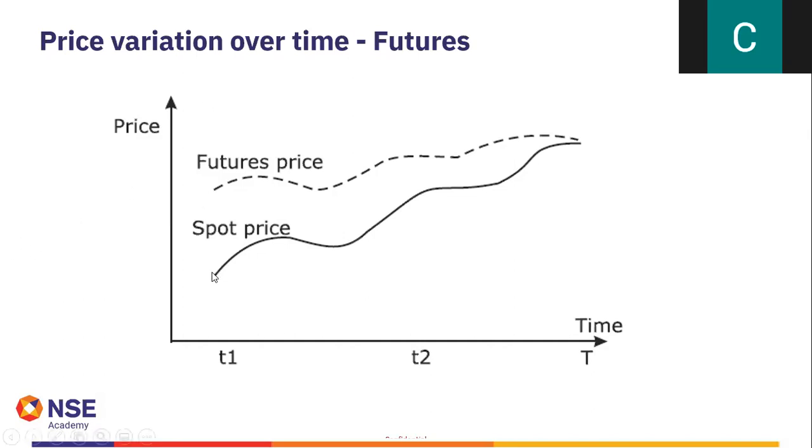So say here it is 100, here it is 120, and you have taken a position at 120, and tomorrow the price has increased in both the markets. From 100 to 110 here, and from 120 to 130 there. So here you made a loss of 10, here you made a profit of 10. Net, there is no risk for you.